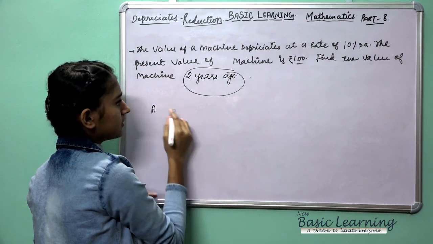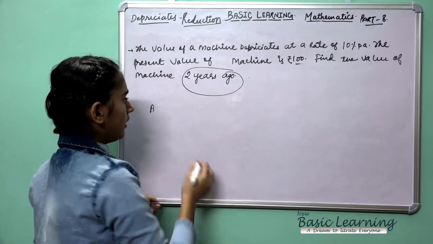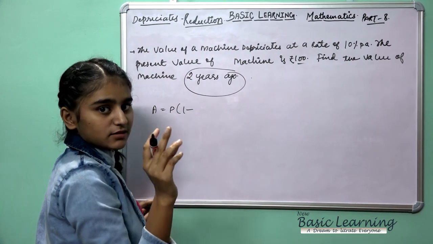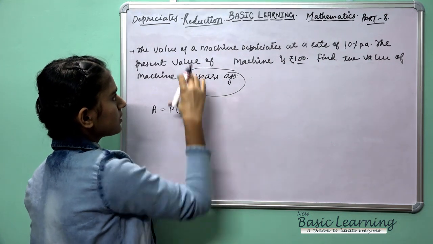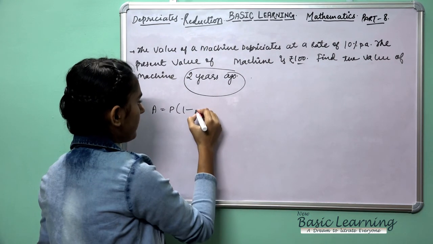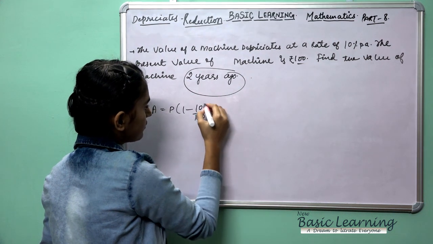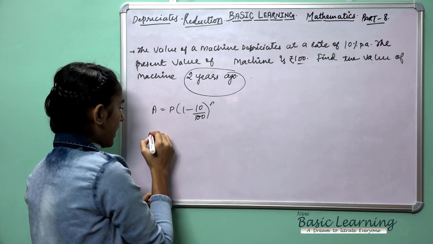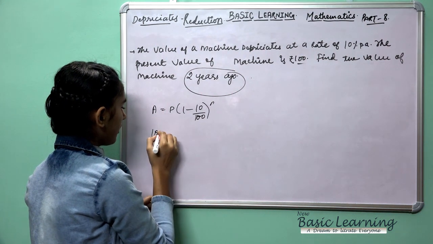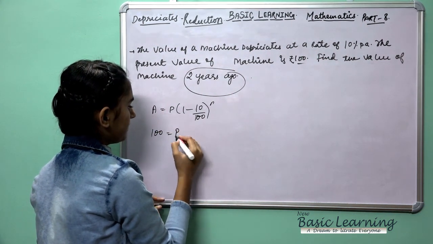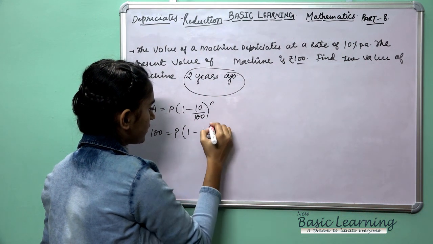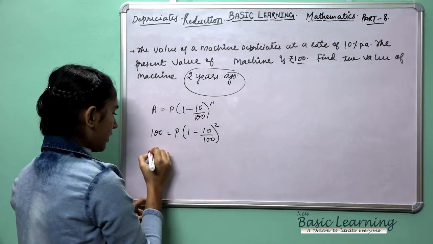First let's write the formula. Amount equals P times (1 minus 10 upon 100) to the power n. We have to put minus because the value is reducing, that means it depreciates. Amount is rupees 100. So 100 equals principal times (1 minus 10 upon 100) to the power 2.